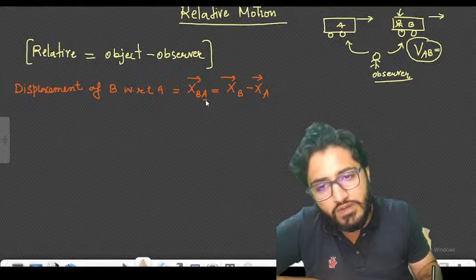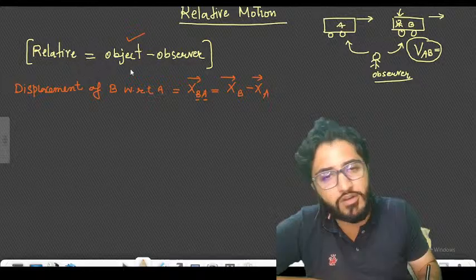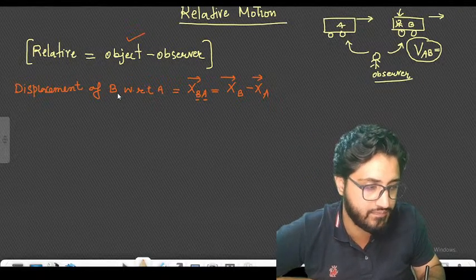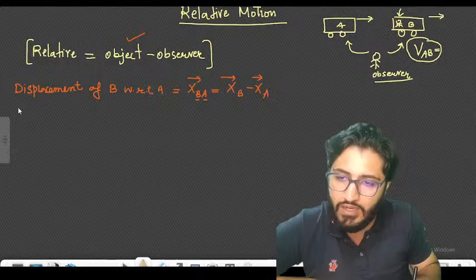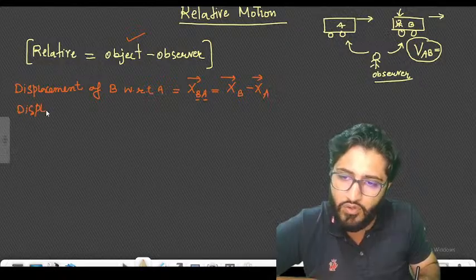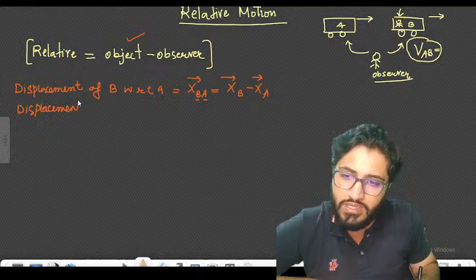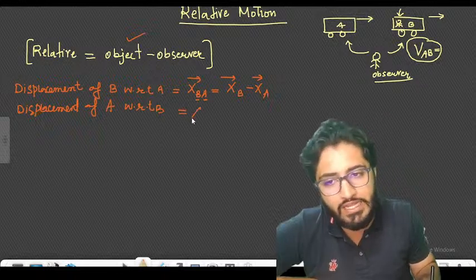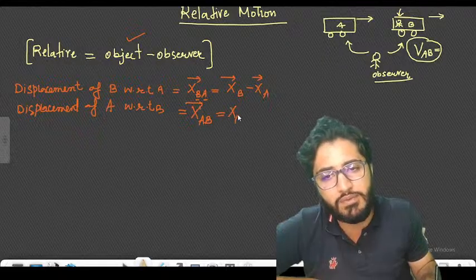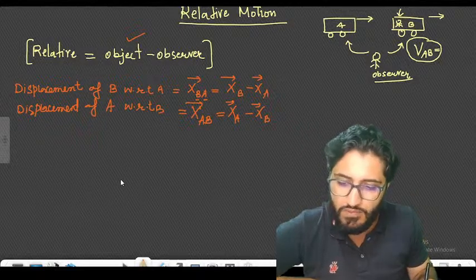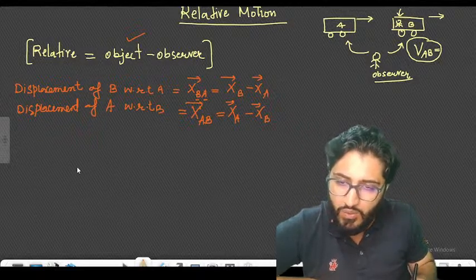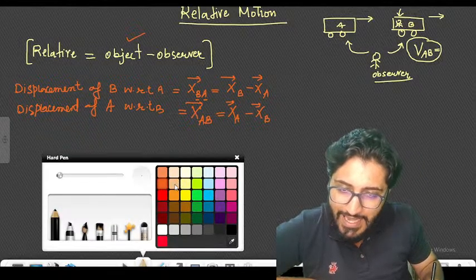Because A is the observer and B is the objective, so we need to apply this formula, objective minus observer. In the same way, if I need to write down displacement of A with respect to B, I will write here displacement of A minus displacement of B. Done.